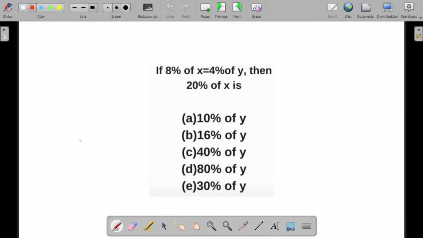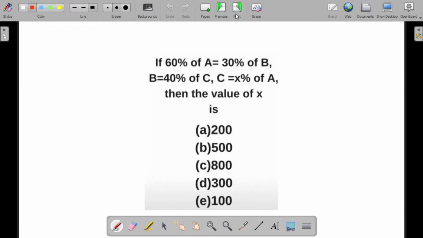If 8 percentage of x is equal to 4 percentage of y, then what is 20 percentage of x? Yes, great. Very fast. Within 30 seconds, you people have answered. So answer is A. First one only. Correct.